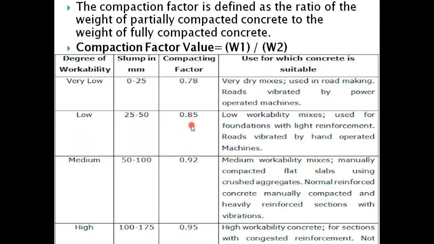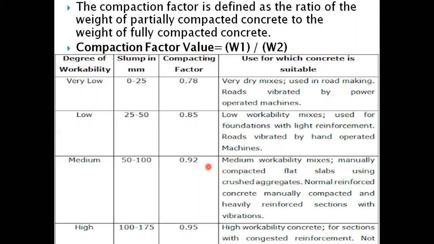Second, if the compaction factor is 0.85, then the degree of workability is low, and this concrete is useful for foundations with light reinforcement and roads vibrated by hand operated machines.